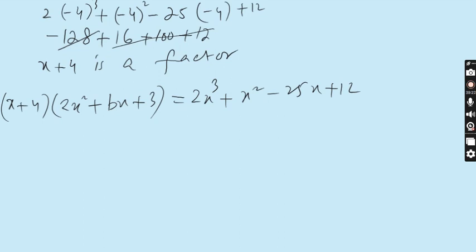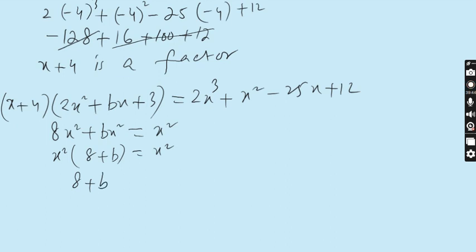Take only x square coefficient. x times bx is bx square, and 4 into 2x square is 8x square, and right hand side is x square. So left hand side coefficient is 8 plus b, right hand coefficient is 1. So b is equal to minus 7.